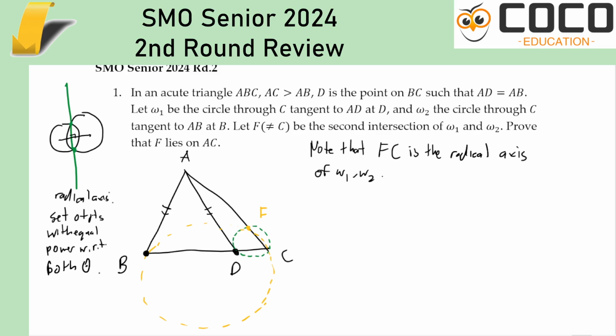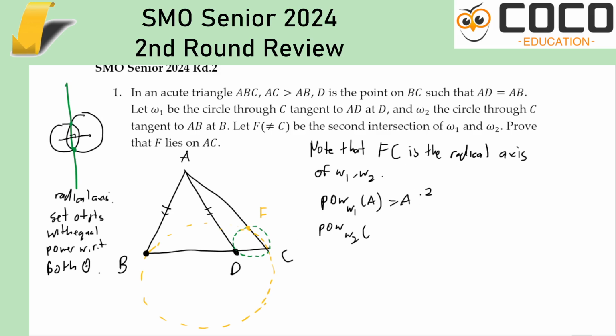The product of the 2 distances. Now, that basically means that we are immediately done because the power of, and this is how we write it, the power of A with respect to omega 1 is AB squared. And the power of A with respect to omega 2, oh, I'm writing the wrong one, right? It's actually AD squared, although they are the same thing.